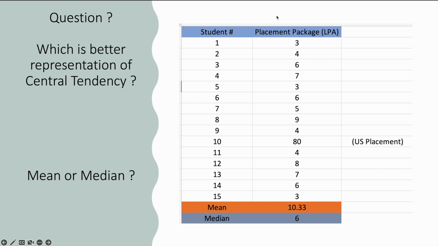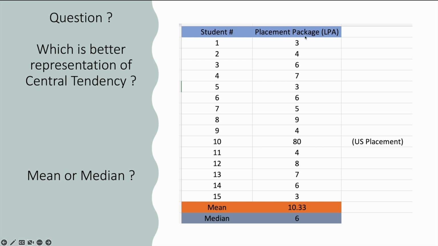Suppose you have to take admission into a college which publishes such data, saying, hey, look, these are the previous year's placement figures for my college, please take admission over there. And if you have to take admission for yourself or for your brother or sister, what would you do?